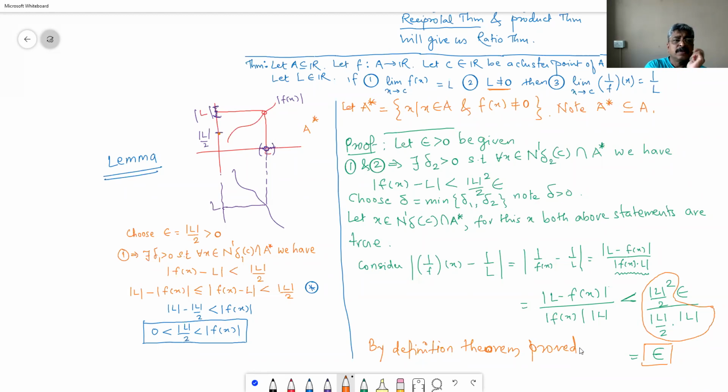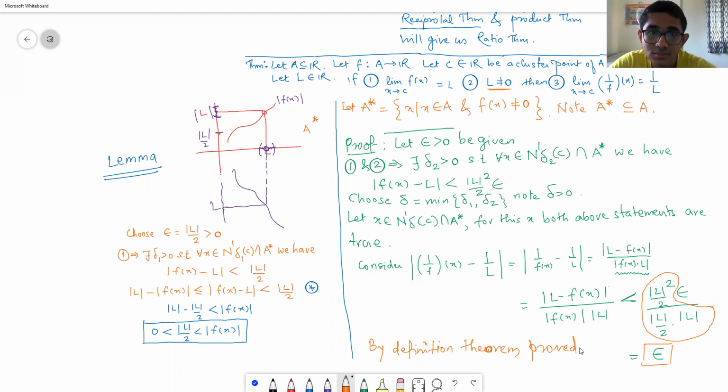But f of x into g of x is equal to 1. Therefore, limit x tends to c of f of x g of x is equal to limit x tends to c of 1, which is equal to 1. And by the product rule, it is limit x tends to c of f of x into limit x tends to c of g of x.